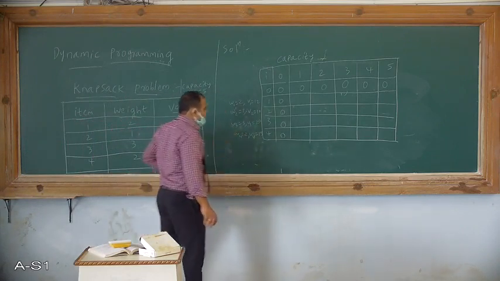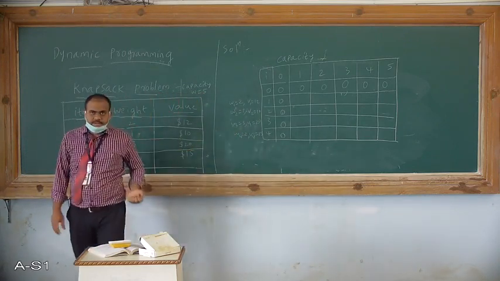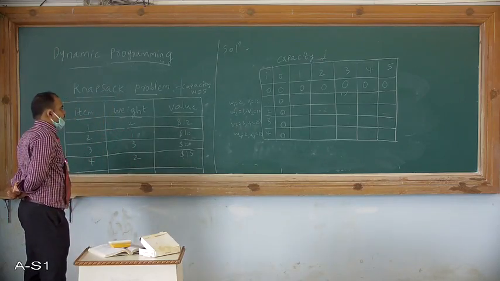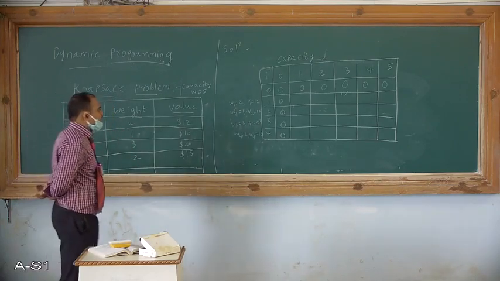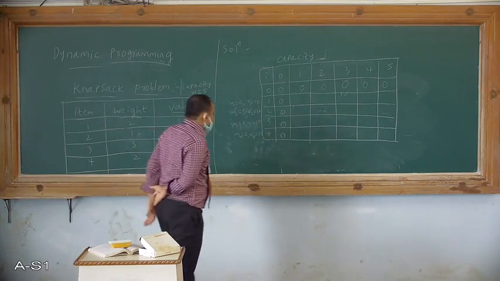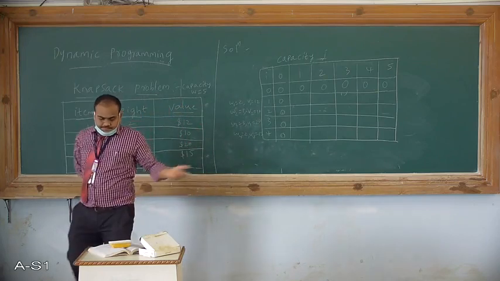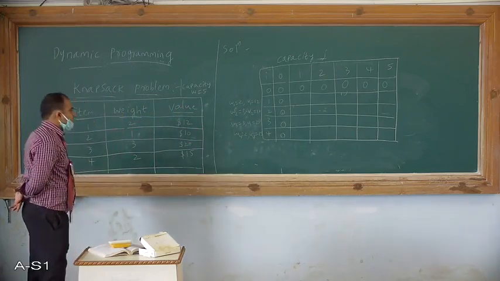So we will go for the next things. Since these values are zeros, we have written zeros here and zeros there. So we will go for the next case.